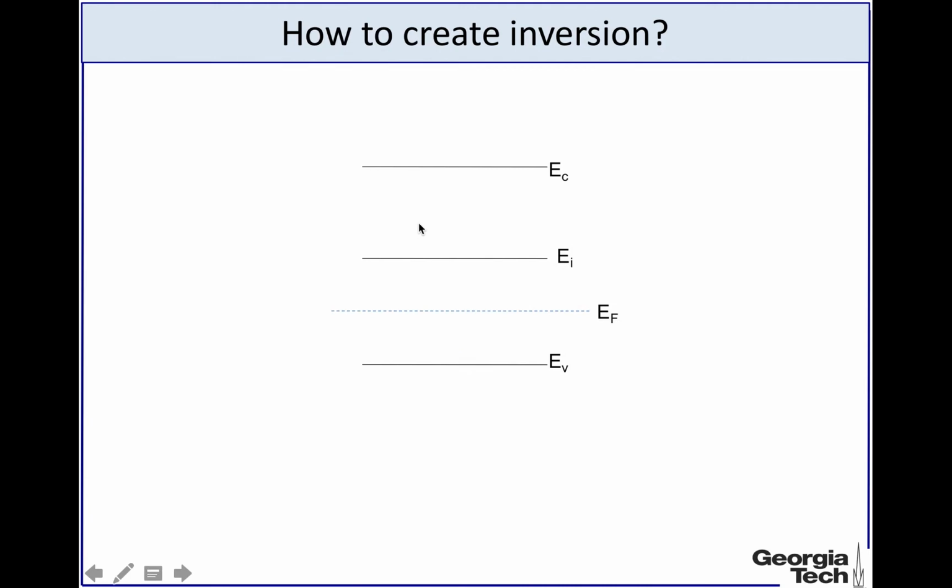Okay, so here we have EC, EV, and EI, which is the mid-band gap, meaning that if the semiconductor had been intrinsic, then the Fermi level would have been here. So this I stands for intrinsic.